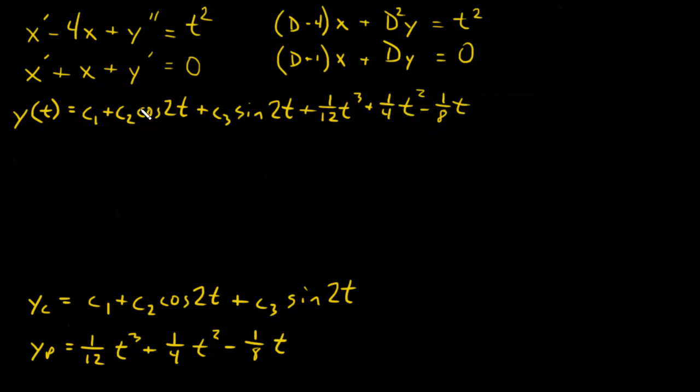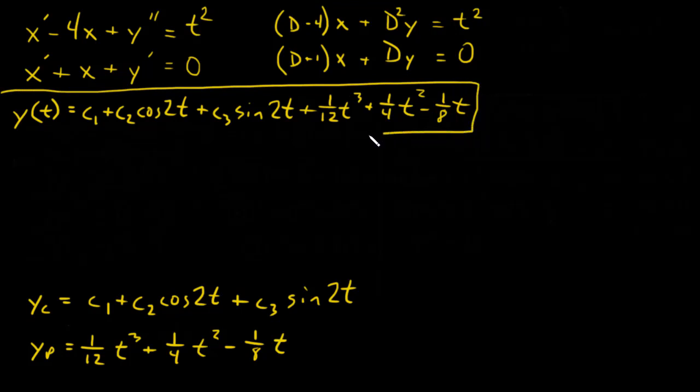All right, that's my y of t. That is not going to change. I am going to box it in. I am almost halfway there. Not quite, but I'm almost. Okay, so now I can erase this down here.